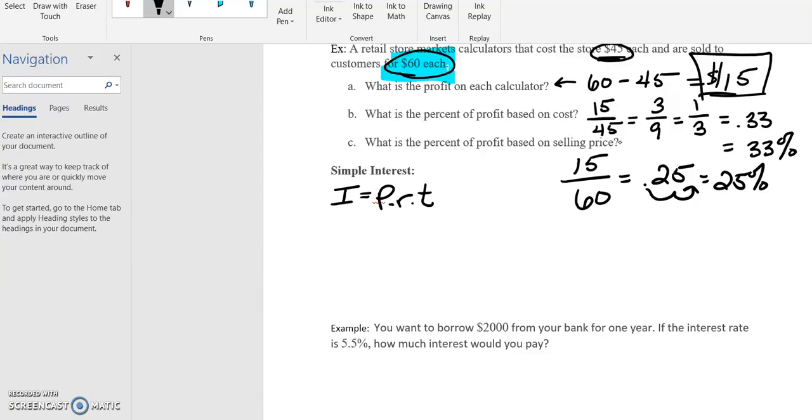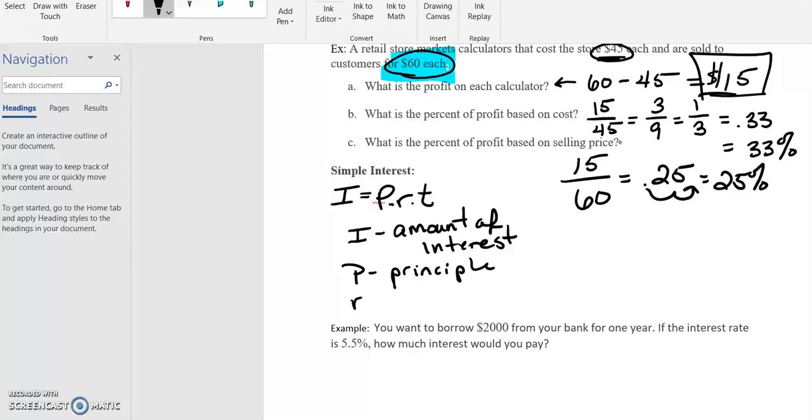I is the amount of interest, P is my principal, R is my rate of interest, and T is my time. The important part is that time is measured in years.